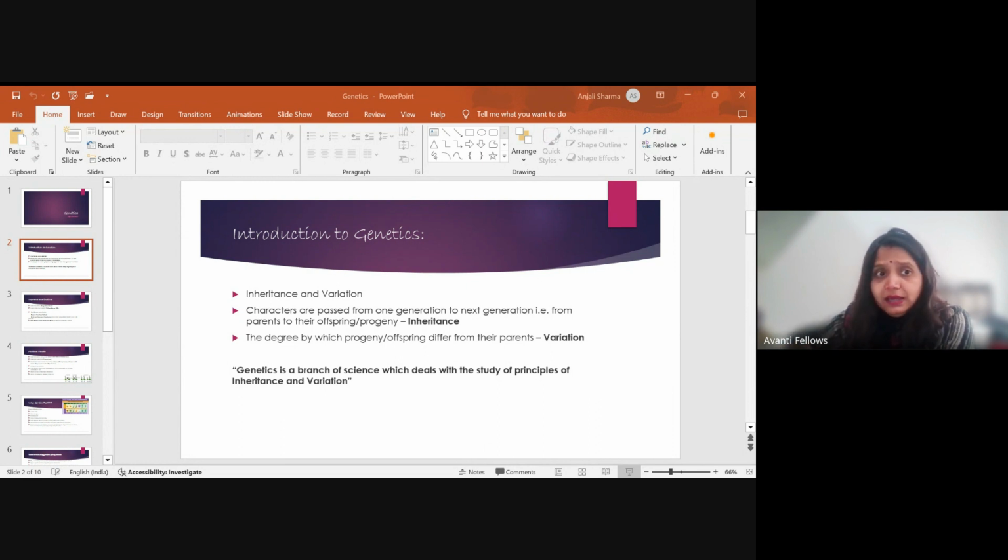Another thing is father of genetics is Gregor John Mendel. Genetics term was coined by William Bateson in the year 1905. Actually, what was the thing?